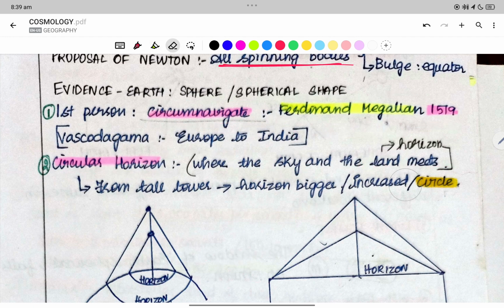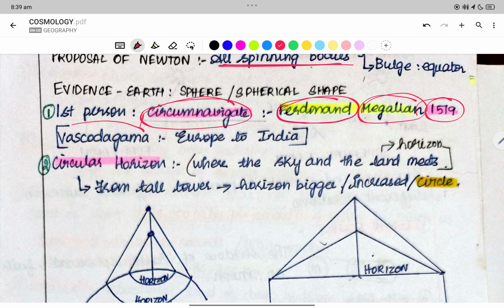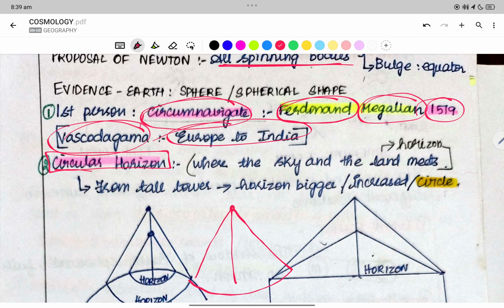This is the second point. The first point is related to circumnavigation. The first person to circumnavigate is Ferdinand Magellan in 1519. Now we have Vasco da Gama from Europe to India, right? Circular horizon is when you are standing at a pole and you watch, you see a circle, right?